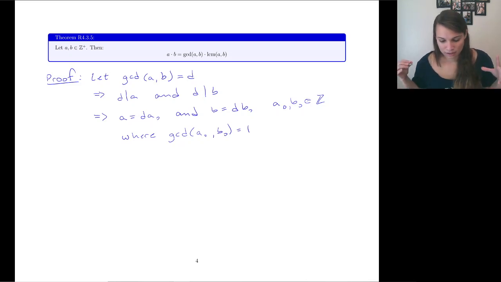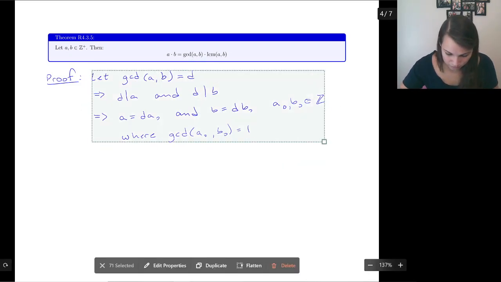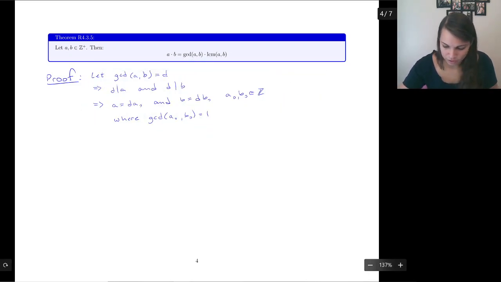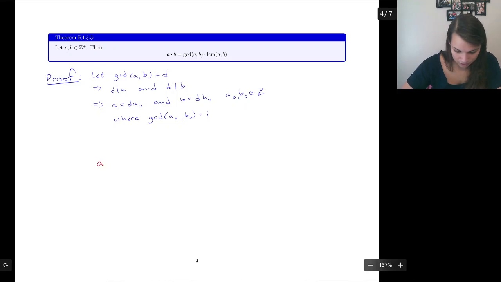Okay. Now that I've said this is where we want to start, what is the goal? What do we want to say? I'm going to do some quick math here in red that's going to get erased just to show where we are about to go. I know that A equals D times A naught. I know that B equals D times B naught.